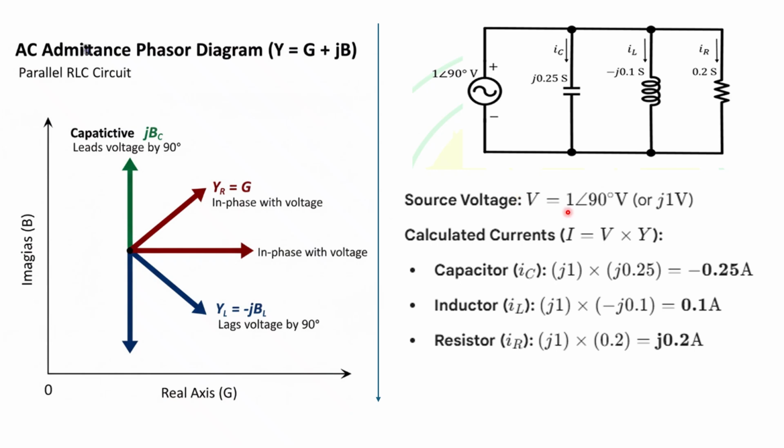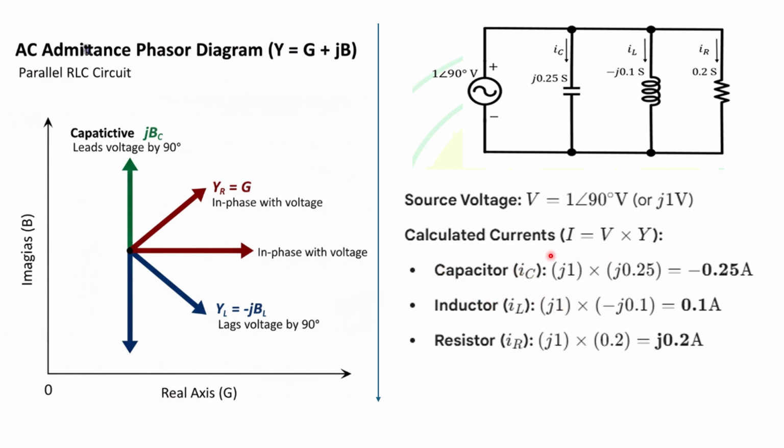So now let's find out. Voltage is given at 90 degrees, so you can write it as j into 1 V. It is only j because the voltage is on the y-axis, since the angle of 90 degrees is already given. Now what will be the current across the capacitor?